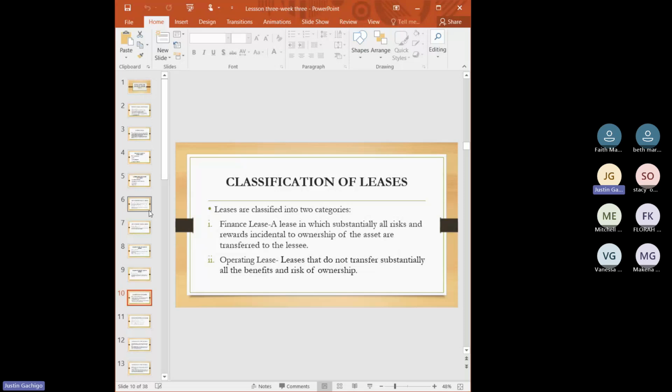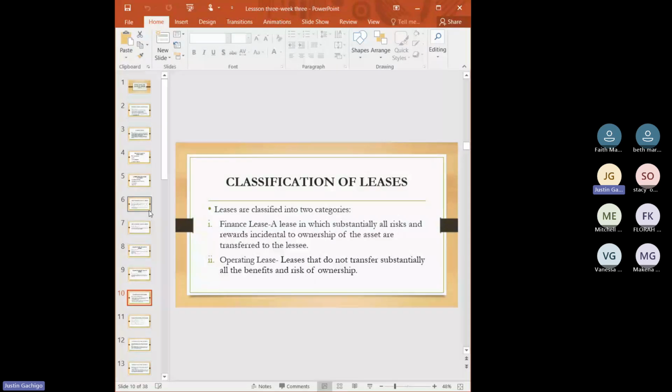For example, if it's a motor vehicle, you are the one to take all the risk. Insurance, everything is yours. Insurance, you have to take care of it, and also the benefit that's going to accrue is to you, not to the lessor. Then for the operating lease, this one does not transfer substantially the benefit and risk of ownership.